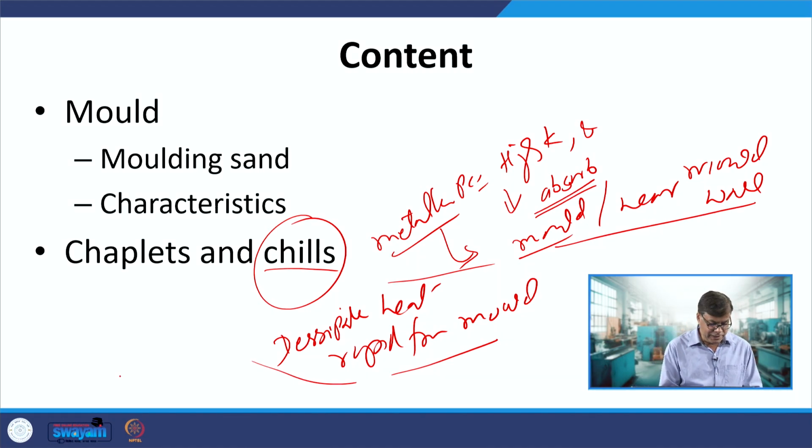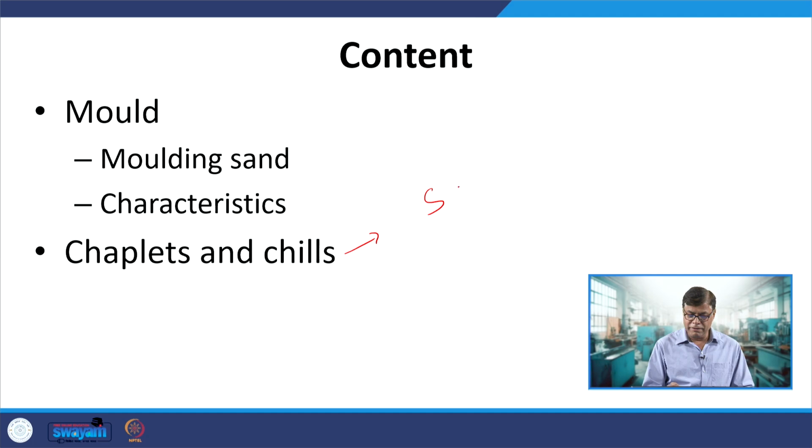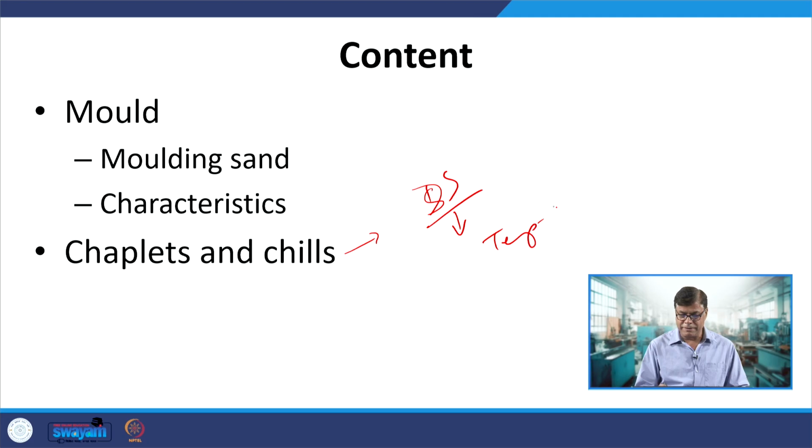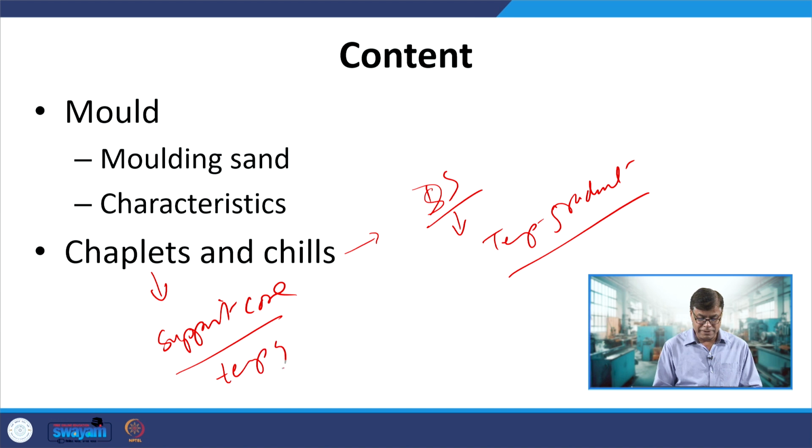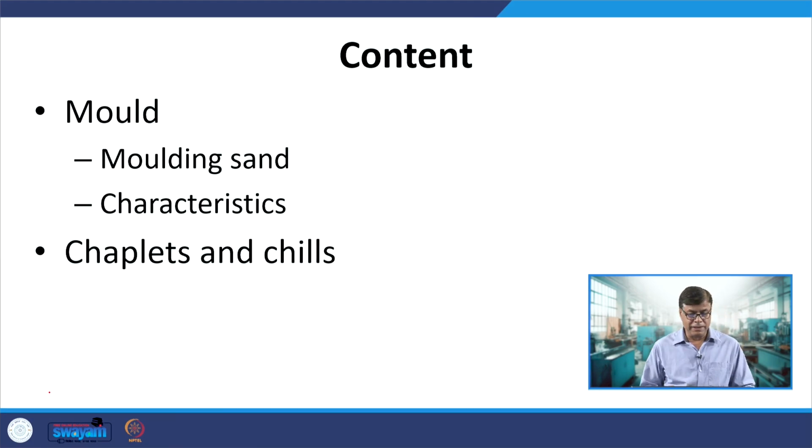So basically chills help in developing directional solidification by controlling the desired temperature gradient, while chaplets support the core as well as help in developing the suitable temperature gradient. We will talk about these aspects in detail.